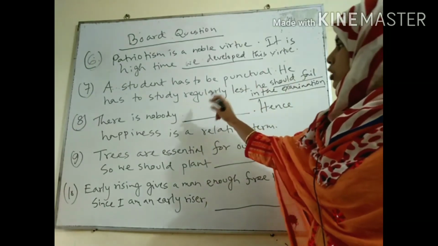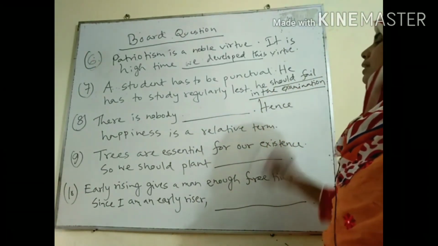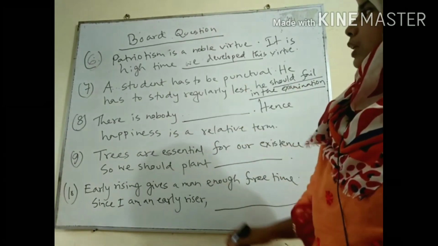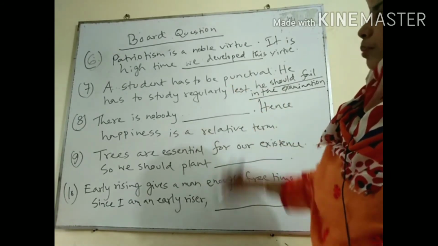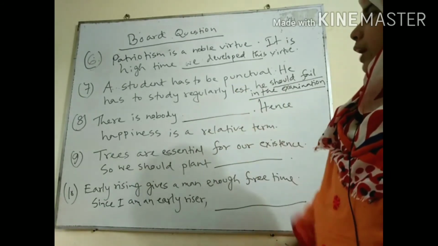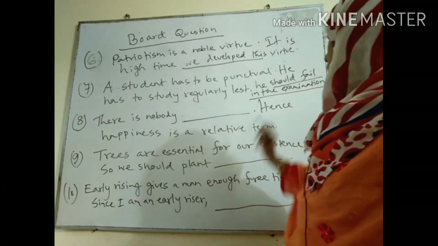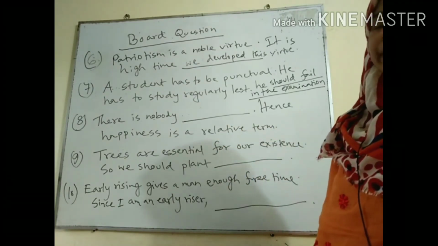A student has to study regularly lest he should fail in the examination. That is, a student has to study regularly so that he does not fail in the exam.